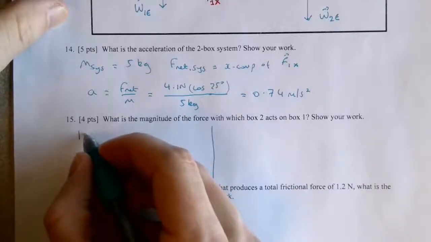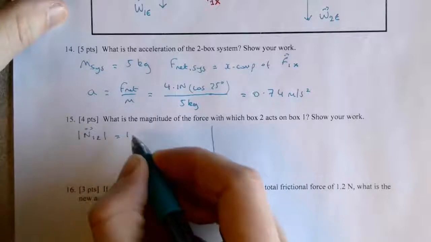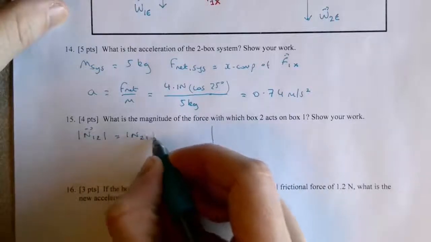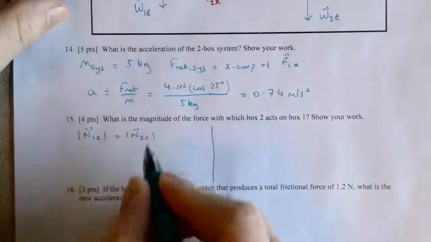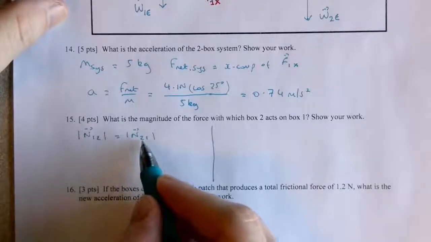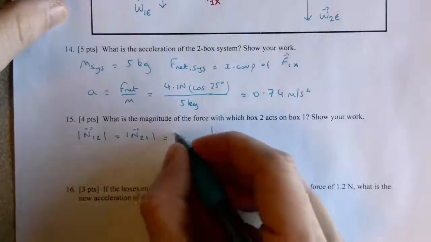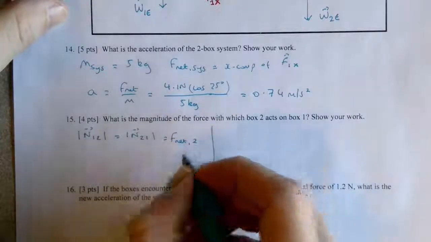So the magnitude of the force on box 1 by box 2 is equal in magnitude to the normal force on box 2 by box 1. But the normal force on box 2 by box 1 happens to be the net force on box 2, because there's no friction in the system. So this is equal to F net 2.